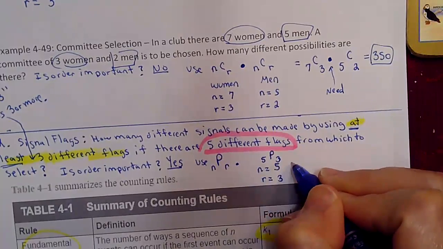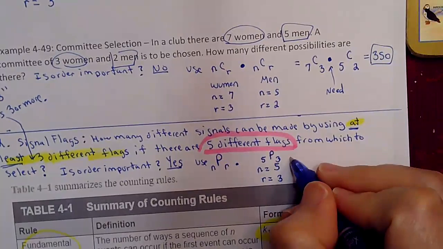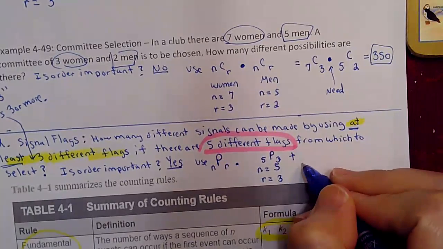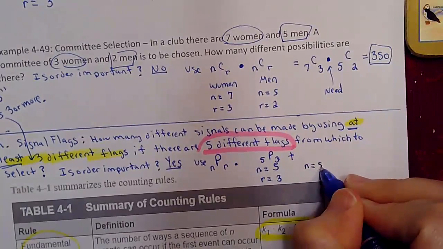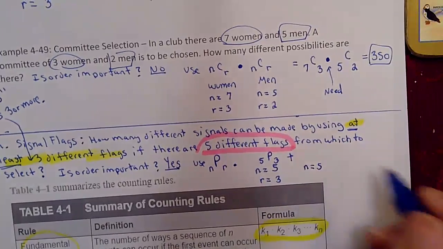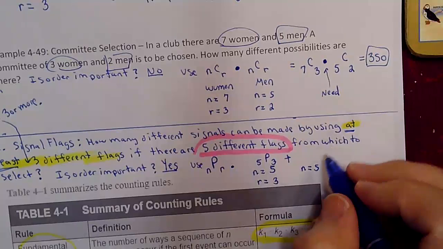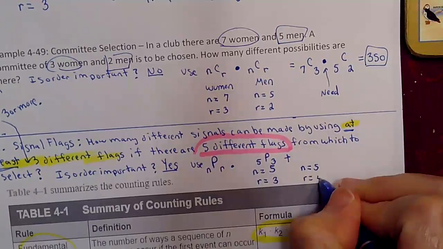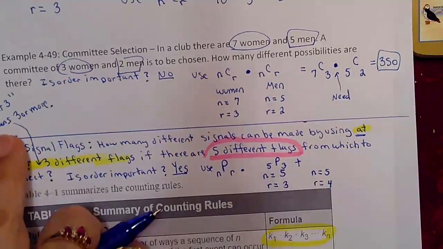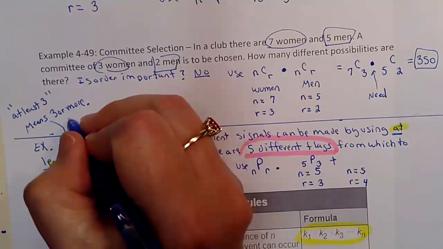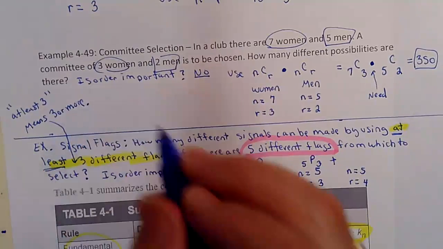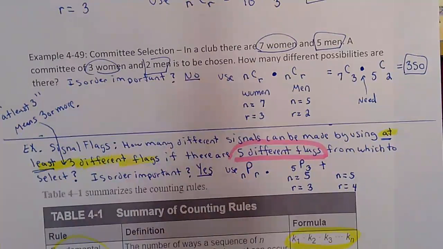So this would be 5P3, okay? And then I'm going to do plus, and then I'm still going to have n equals 5 for all these that I have, right? But now R is going to be 4. So at least 3 or more means 3, 4, 5.